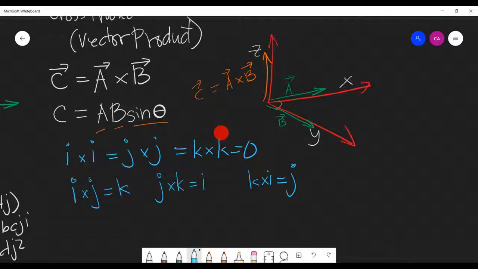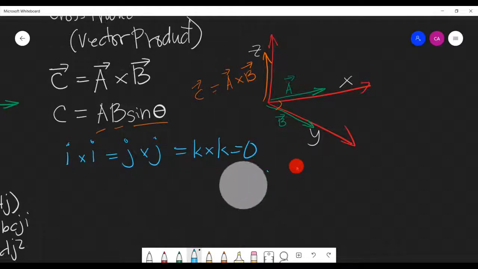Ganyan siya. Alright? So, ayusin ko lang ng sulat. So, si i, j is equal to k. So, si j, k is equal to i.